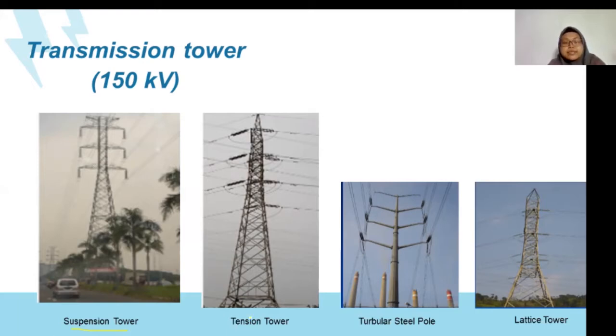The tension tower is designed to pull gravity and also withstand the tensile force of high voltage overhead line. The tubular steel pole is designed for crowded places and lattice tower is designed from steel profile as needed.